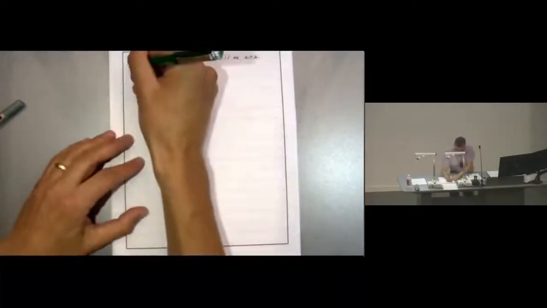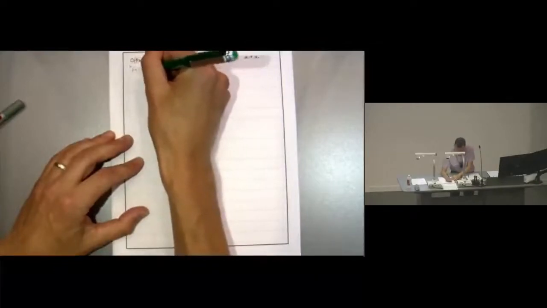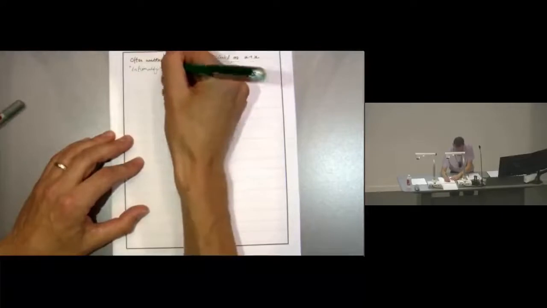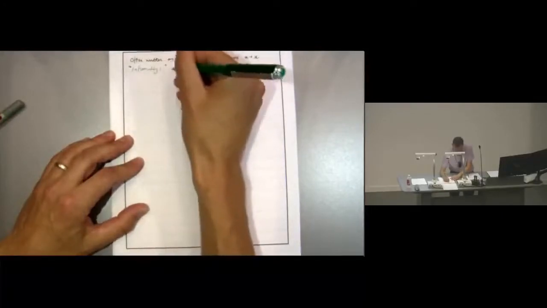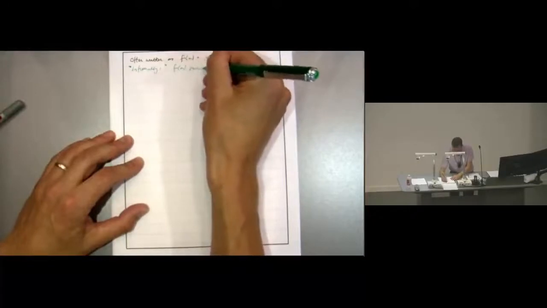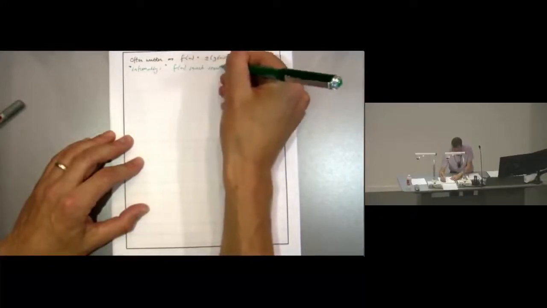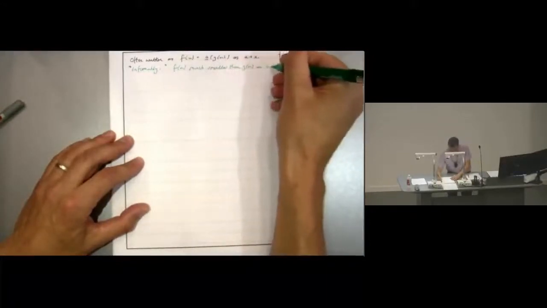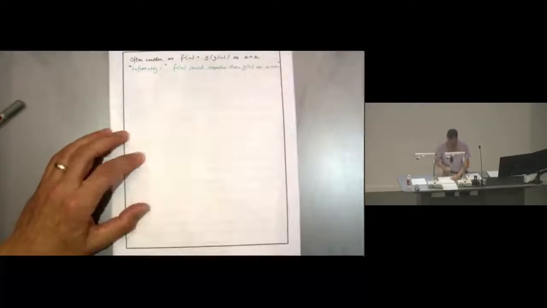So the informal statement, not definition, is that f of x is much smaller than g of x as x goes to x0.